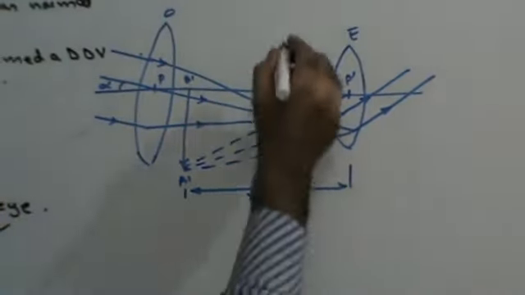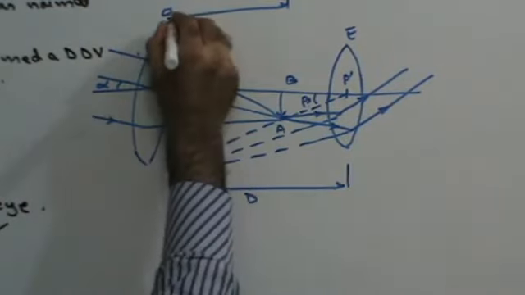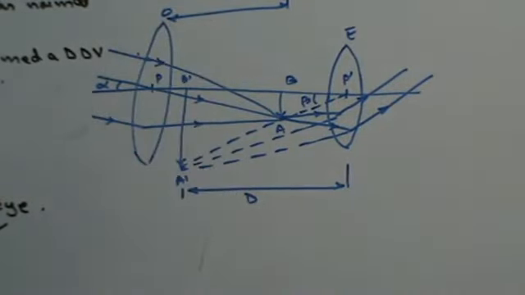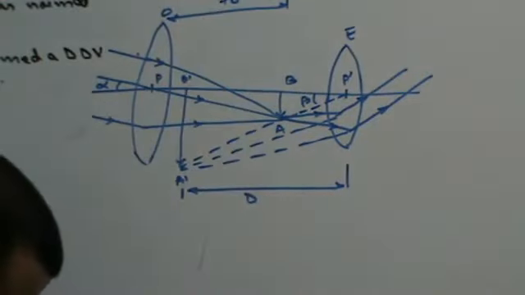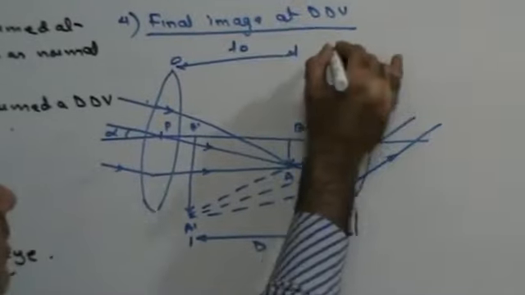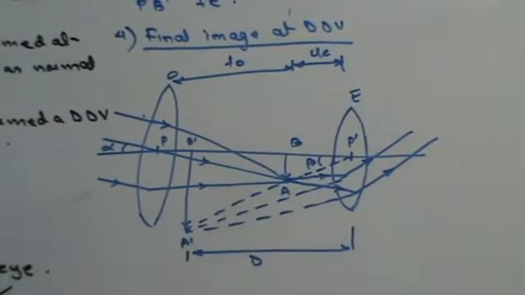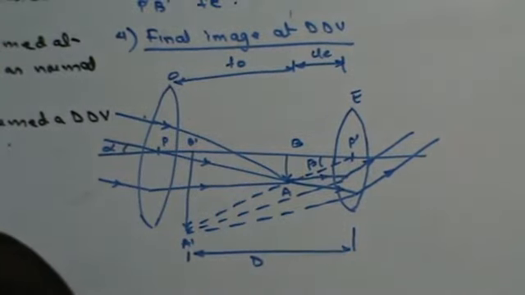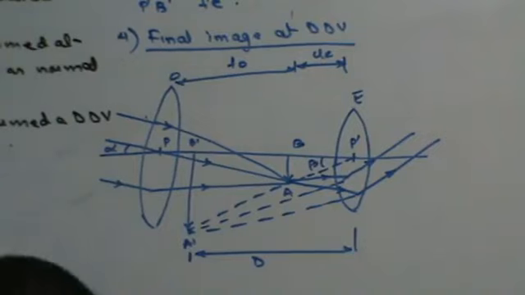Let's assume that this distance from the objective to where the real image is formed is the focal length of the objective. This distance from the image to the eyepiece is the distance of the object for the eyepiece, that is going to be UE. Fine, do we get this in here? So let's try to explain this.